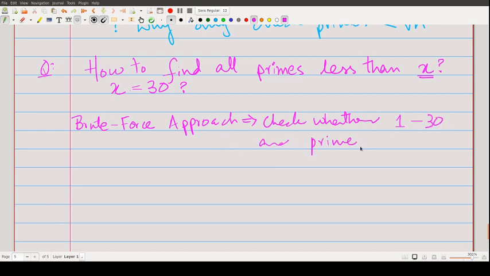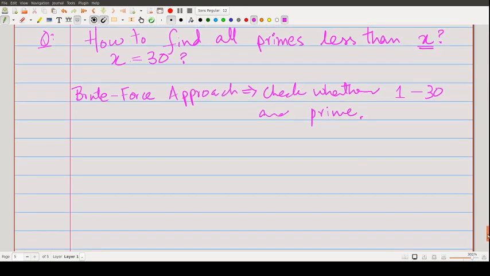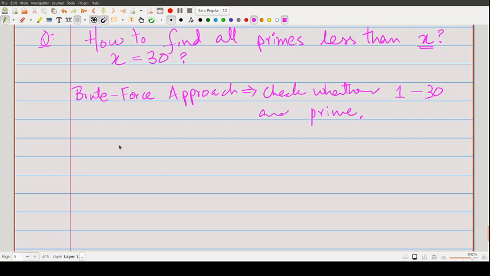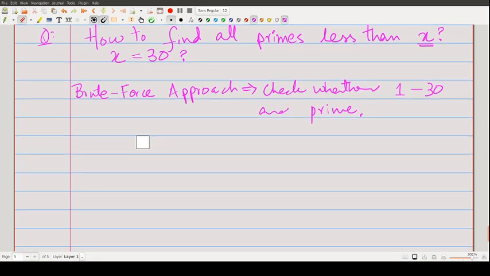That's a very time consuming thing to do, because for each number you will need to check whether it's divisible by the primes less than the square root of n. So if I need to check 26, I will need to check whether it's divisible by all the primes less than or equal to the square root of 26, and I need to repeat this for 1 up until 30. That's the first approach, and this is a very slow approach.